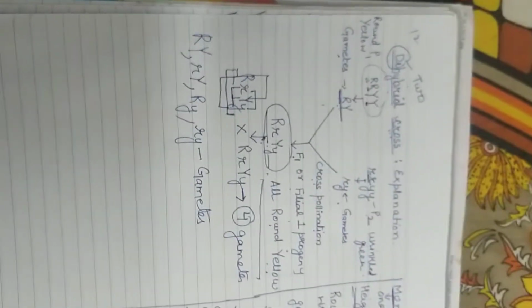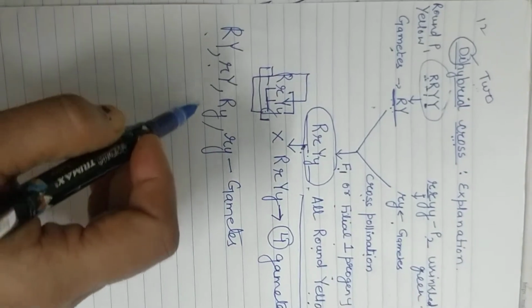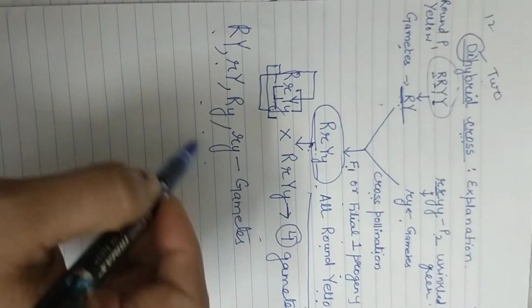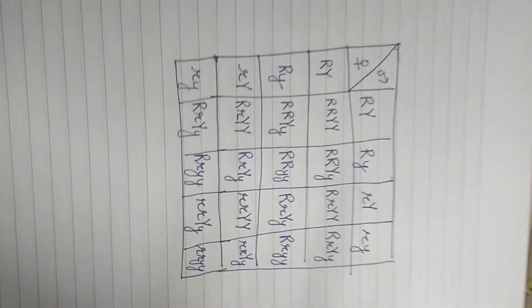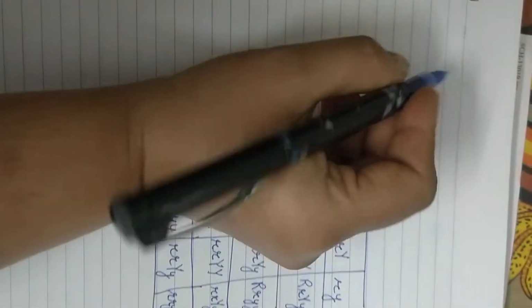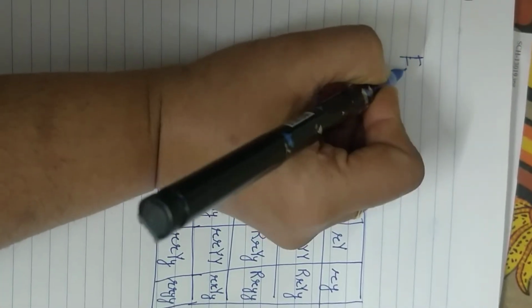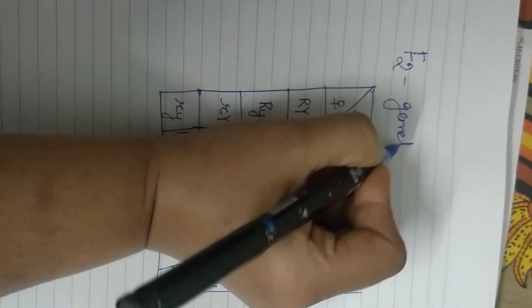So then he deduced a cross between the gametes of all the 4 types, and this is shown in the form of a checkerboard. Children, you can see this is the F2 generation. This is the F2 generation when he crossed the gametes that you checked on the previous page.